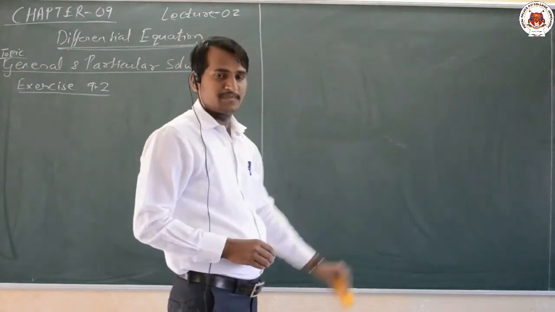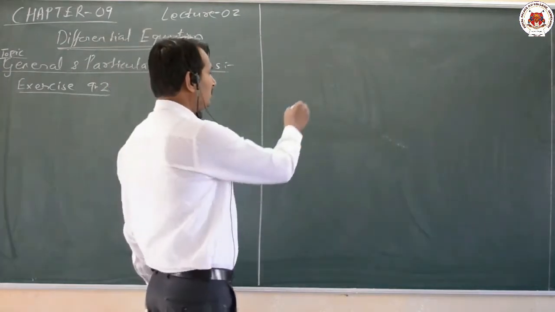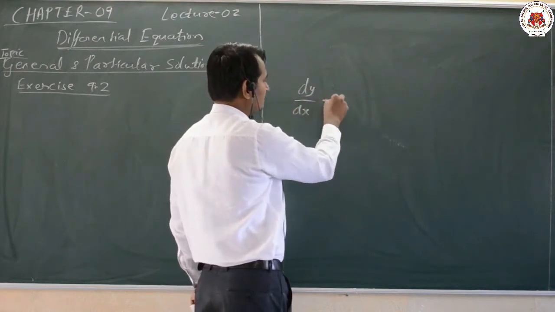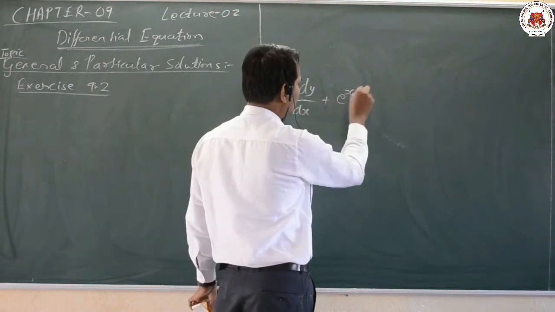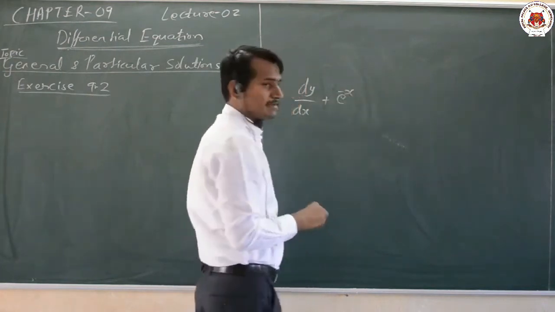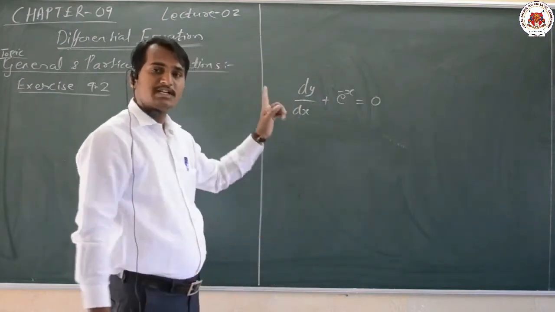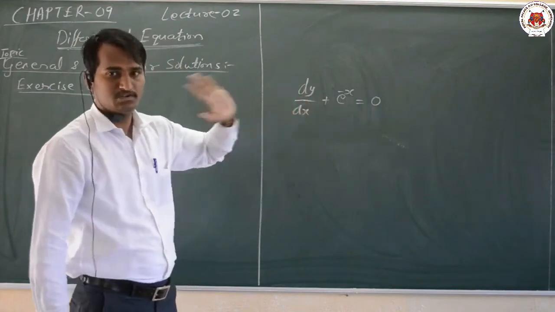That is all about simple equations. Now if you want to learn about the differential equation, we already learned that a differential equation has dy by dx plus, for example, minus x equal to 0, an equation which consists of the derivative, dependent variable, independent variable and constants.